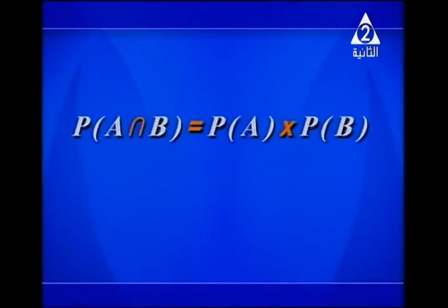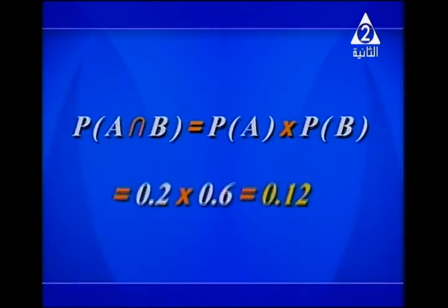What do we mean by independent? It means that if we have two events A and B, then the probability of the intersection of A and B equals the probability of the first times the probability of the second. We have the probability of A equals 0.2 and the probability of B 0.6, so the answer is 0.12.